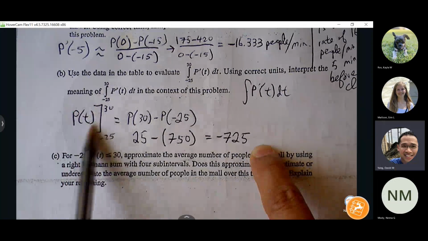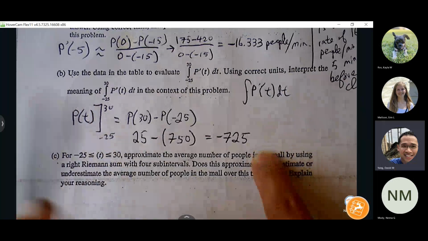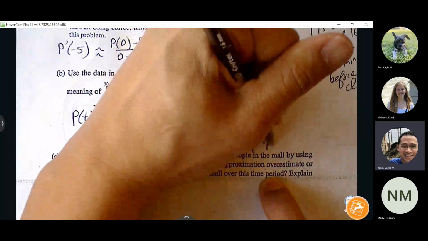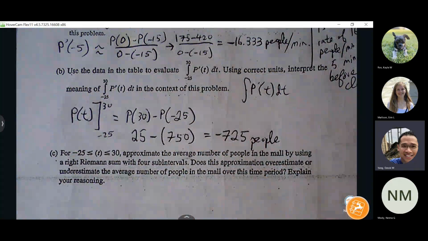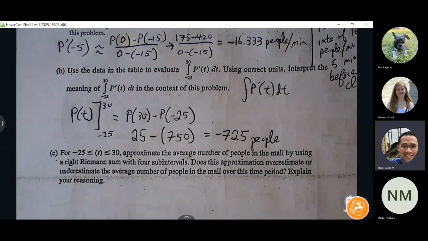All right, we're at the P of T level, so P of T level is people. But it's negative. So what does that mean? There's no such thing as negative people, right? So what does that mean for the context of this problem? 725 people have left.